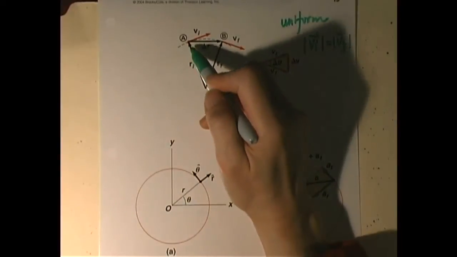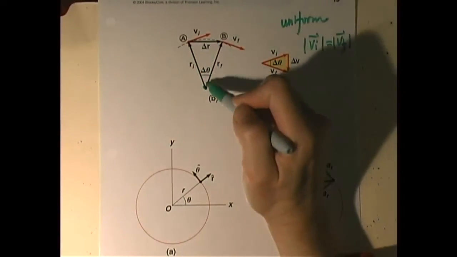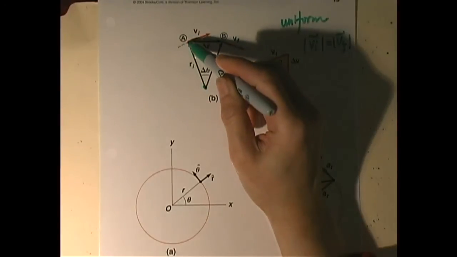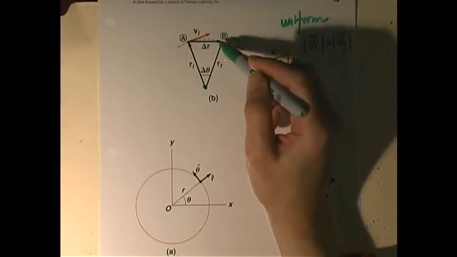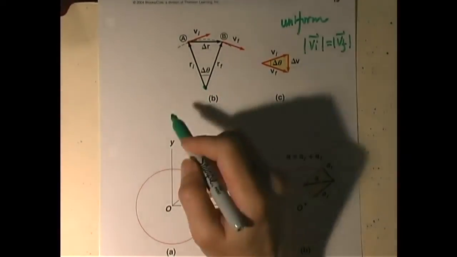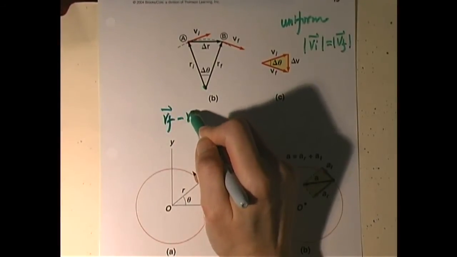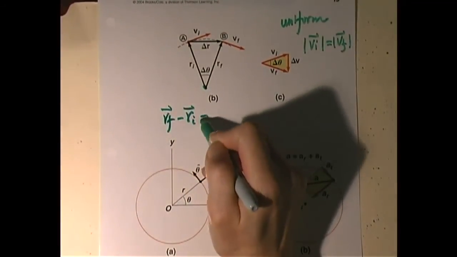Now, this is the initial position vector r initial, this is r final, so the change delta r is from A to B, because A is the initial position and B is the final position. And we know that r final minus r initial gives us delta r.